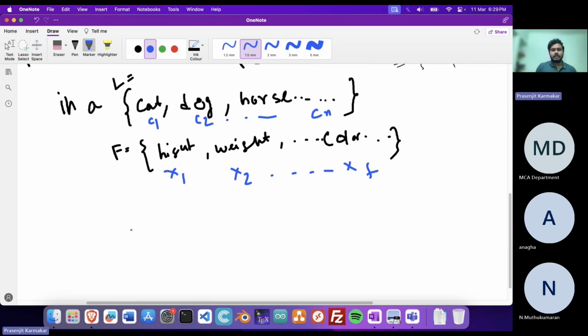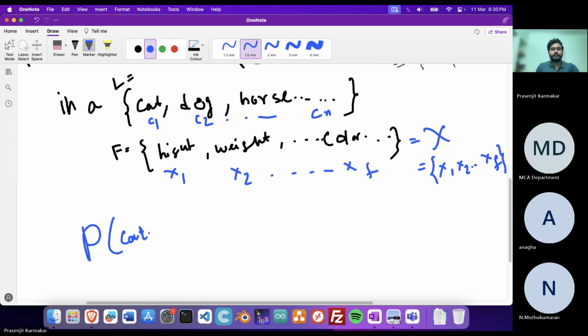Now we can represent the entire feature vector as X. X is a set of x1, x2, up to xf. Now what is my probability P of C1, or let's say P of cat, given the set of features X?